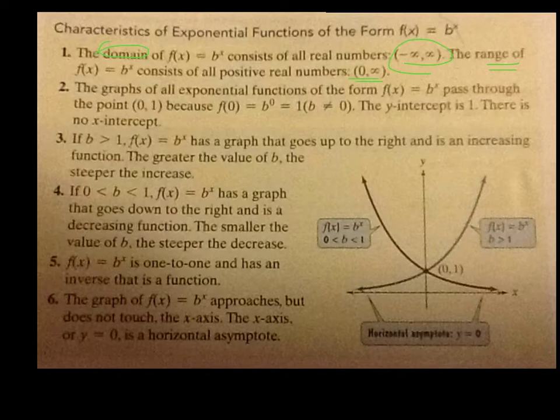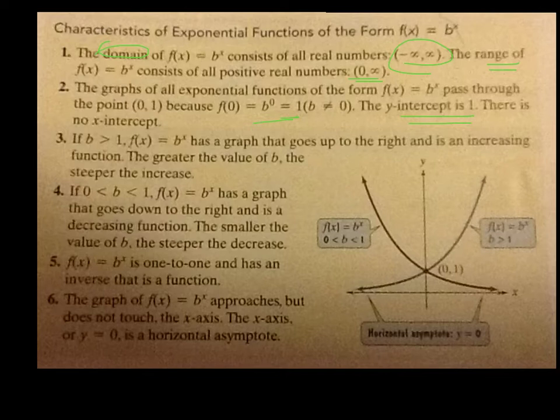My outputs are always going to be positive. Here in number 2, I mentioned this, that the graph of any exponential function is always going to pass through the point 0, 1, because anything raised to the 0 power is going to be 1. So therefore our y-intercept is going to be 1, and there is no x-intercept. You notice that I never cross the x-axis in either of those two graphs.